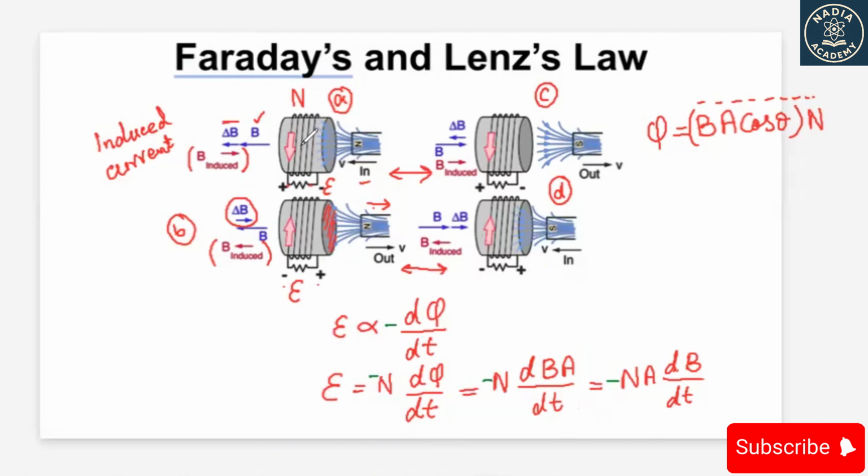Because of these magnetic force lines, the north pole will be here of the induced magnetic field and the south pole will be here. So this north pole is opposing this north pole. That means this coil is opposing the rate of increase of magnetic flux linkage.